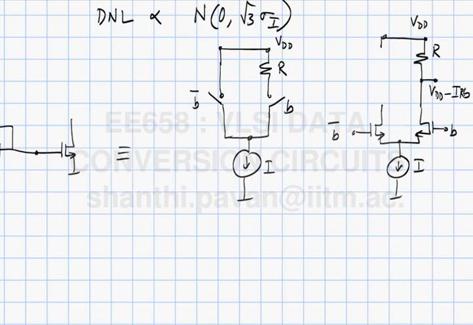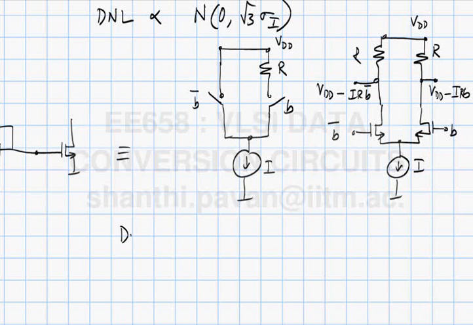You are anyway planning to throw away this current, so if you treat the output of the DAC not as a single voltage but as the difference between these two node voltages, what do you see the output to be? This is VDD minus IR times B bar, correct.